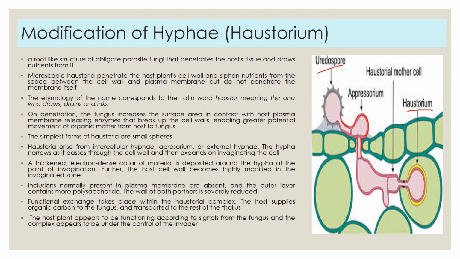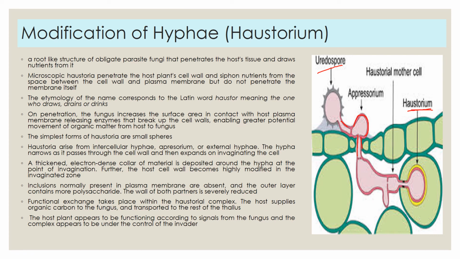So haustoria are found only in pathogenic fungi, that is fungi which are parasitic on plants. In order to absorb food matter from the organism, that is a plant or animal that it is growing on, it develops this absorbing structure called haustorium. So basically haustorium is an absorbing structure.